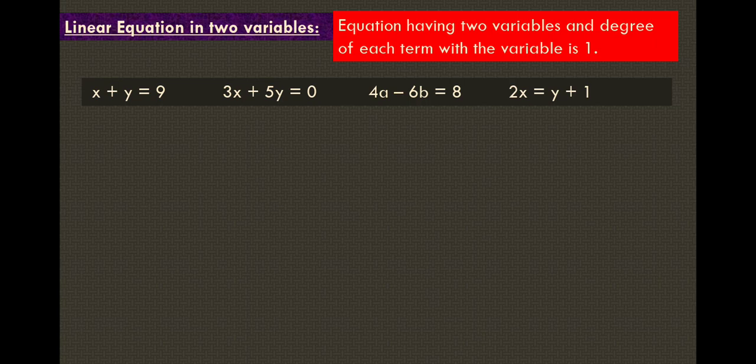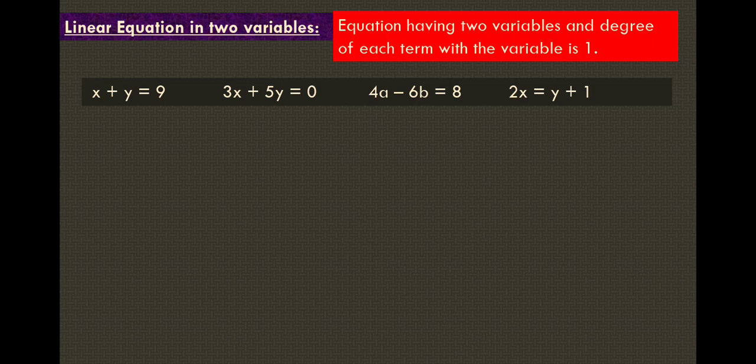x plus y equal to 9, 3x plus 5y equal to 0, 4a minus 6b equal to 8, 2x equal to y plus 1. In each of the examples you can see there are two variables, x, y, a, b, and the degree of each term is 1.